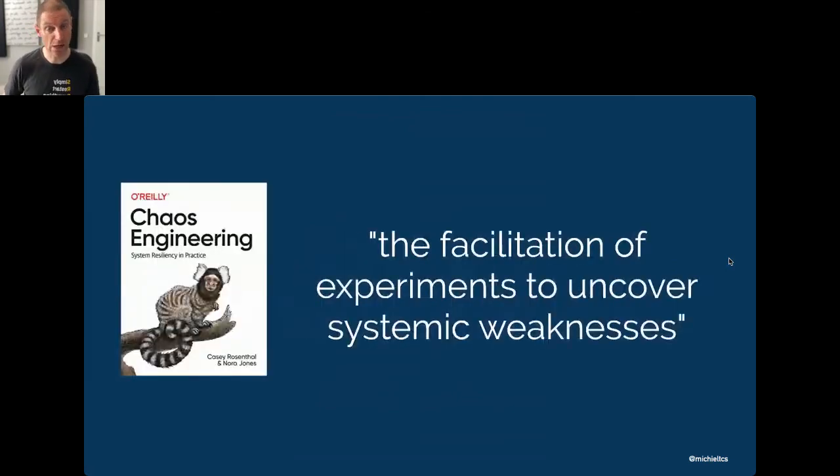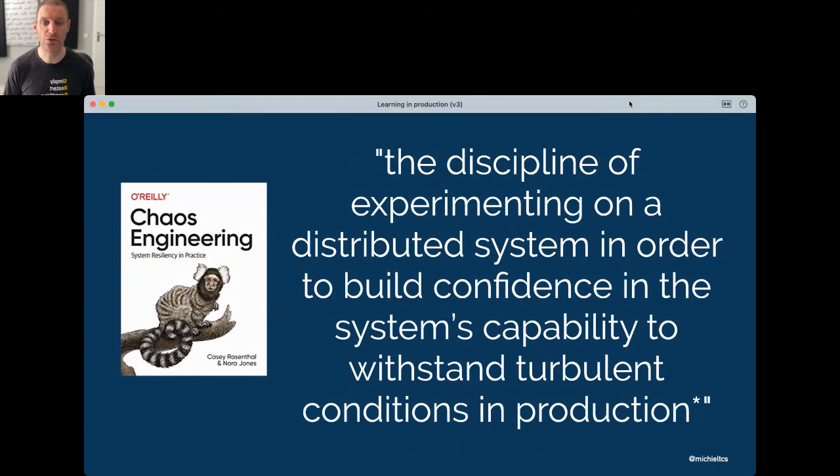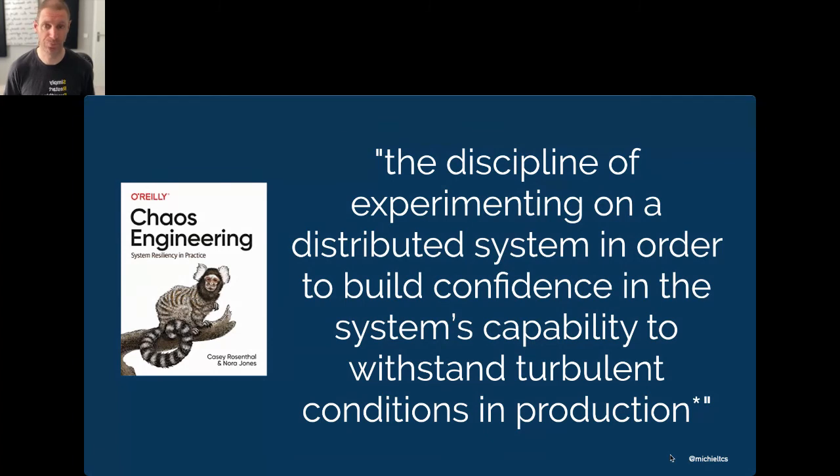So chaos engineering, as defined in the book, basically by Casey and Nora, is facilitating experiments in order to uncover systemic weaknesses. And expanding that definition a little bit, it's experimenting on a distributed system, in order to build confidence in that system's capability to withstand turbulent conditions in production.